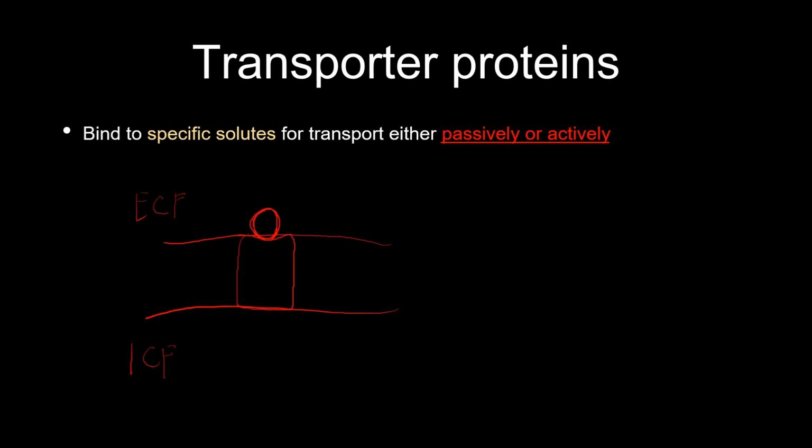Upon binding of the solute, the transporter protein would change its configuration. Instead of facing outward, it will now face inward, and it will carry the solute with it. As a result, the solute is transported from the extracellular to the intracellular side.